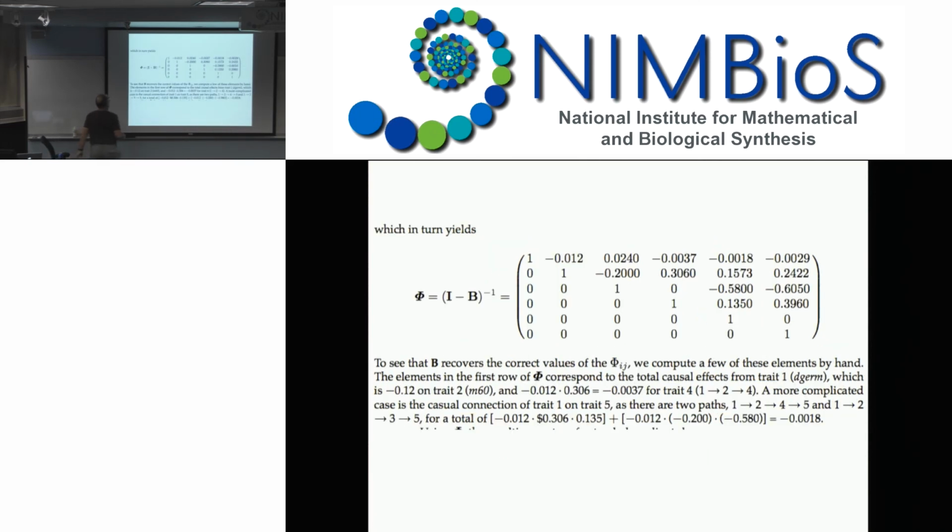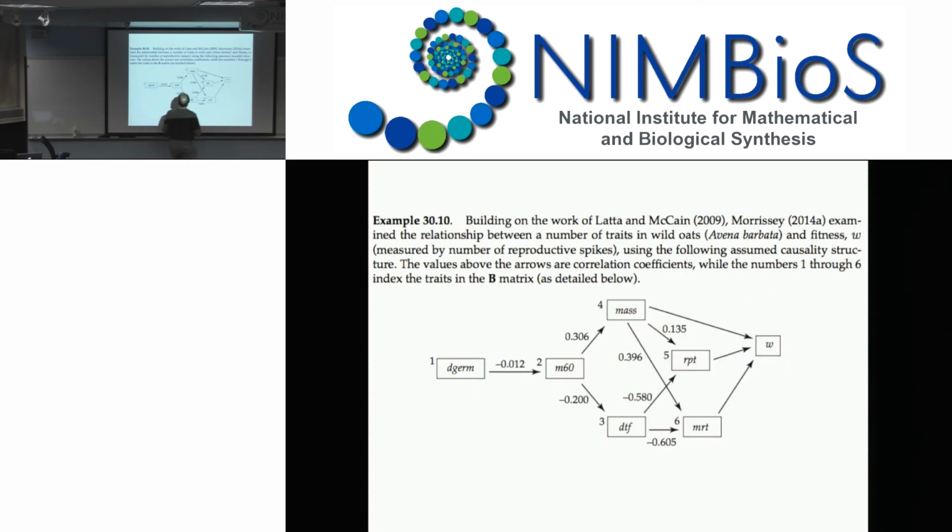Elements of B basically say, which traits does trait 1 impact? It only impacts trait 2. What traits does trait 2 impact? It only impacts 3 and 4. Those are from the path analysis. You do the path analysis and you estimate these correlations.